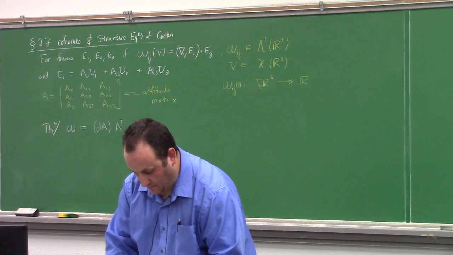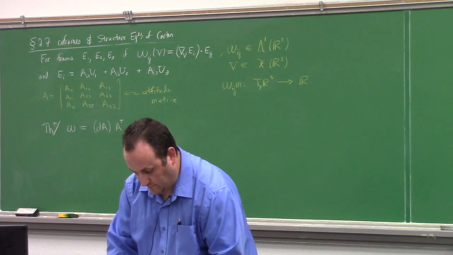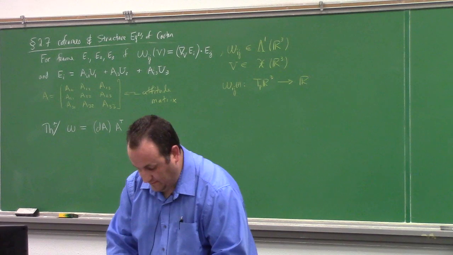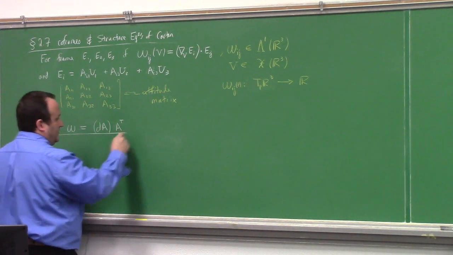I think so. No, it's just properties in class. Formulas of covariant derivative. It's dA, yeah, dA wedge A transpose. This is it. I thought I derived that in the video.